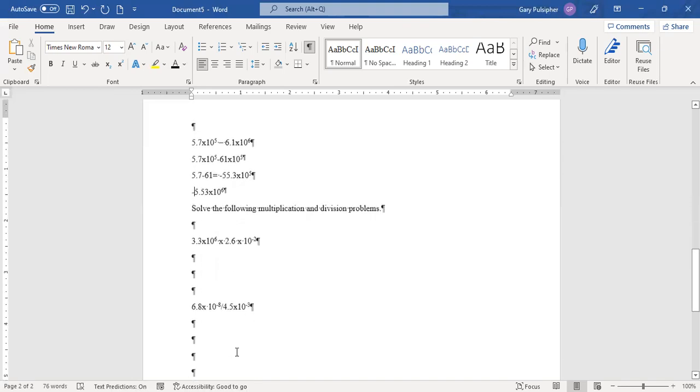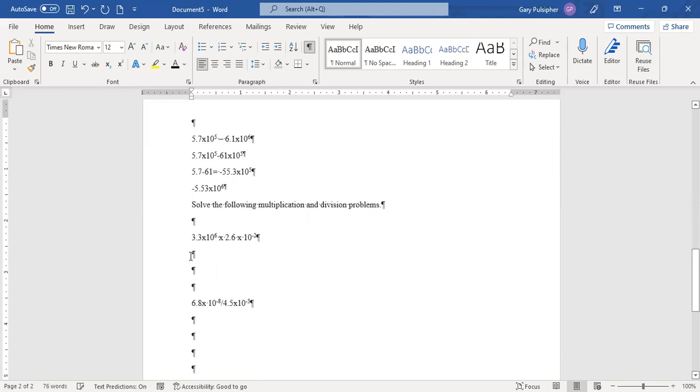Okay, now let's move on to multiplication and division. Remember, multiplication and division, we don't have to make the exponents the same. We're going to do something else with them, right? So what we're going to do is take the 3.3 times the 2.6, and it's going to be times 10 to the, it's multiplication, so 6 plus the minus 2.